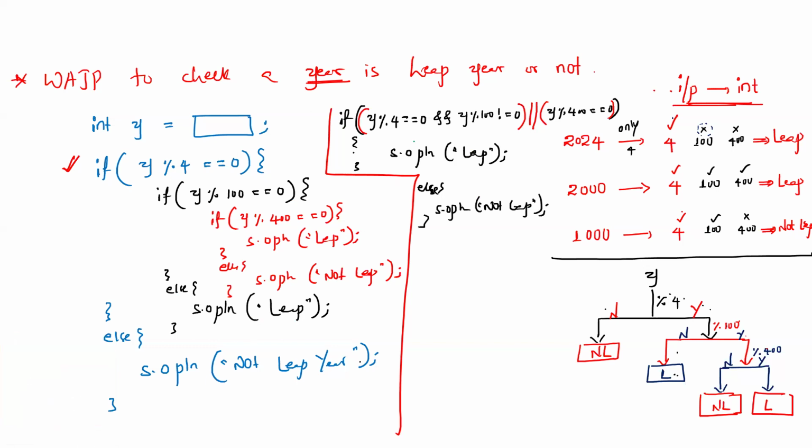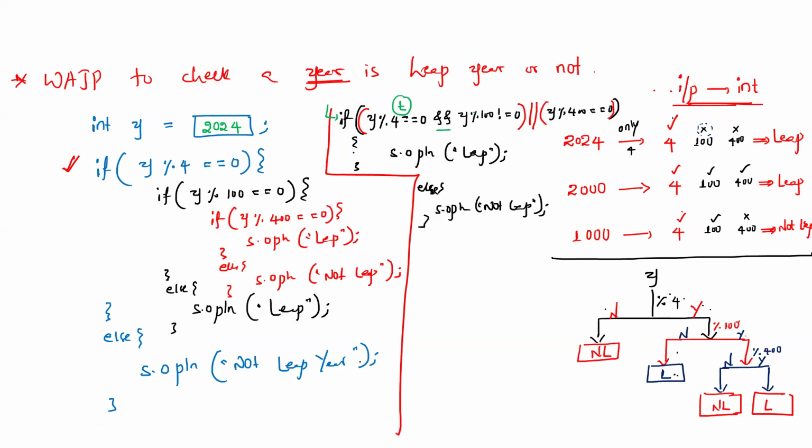Clear this? For example, if you take some year as say 2024, then the JVM comes to this if condition. Year modulo 4 double equal 0. True or false? True. Then because of the AND operator, will the second one be checked or not?